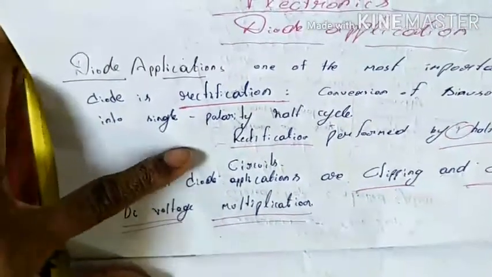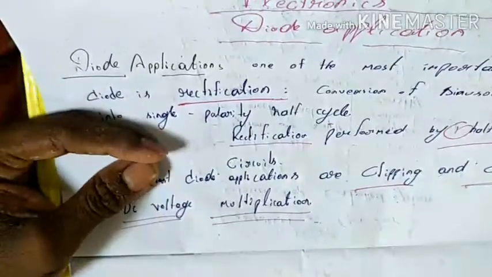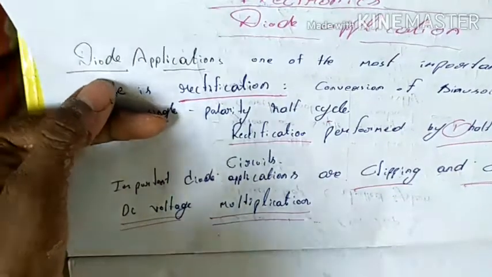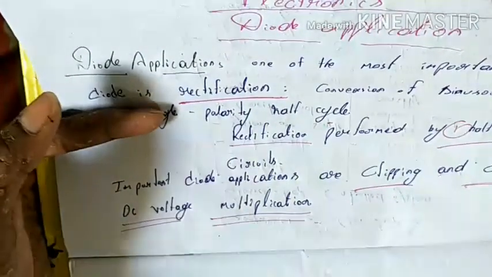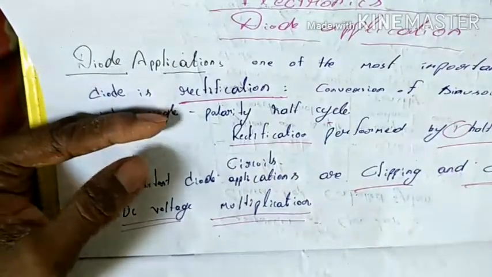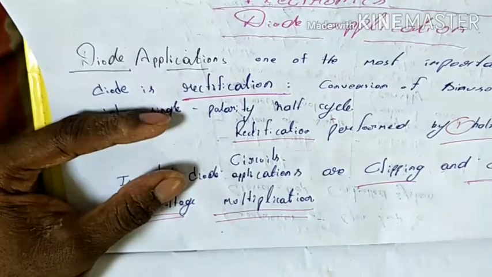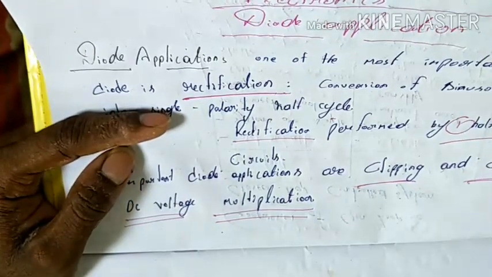Now we are going to another section, that is diode approximations. In these diode approximations, first we see what is the ideal diode, what is the second approximation, and what is the third approximation.